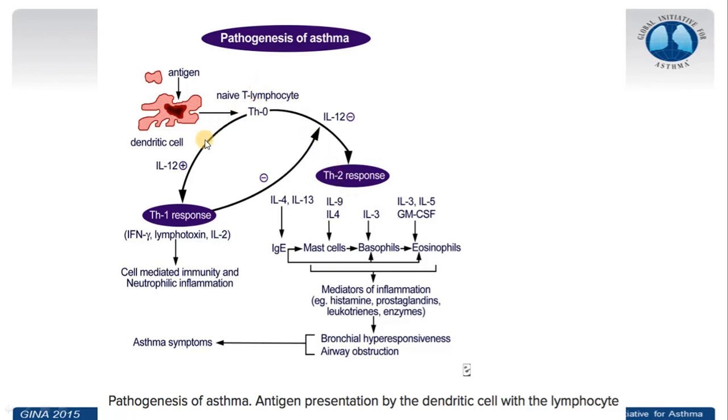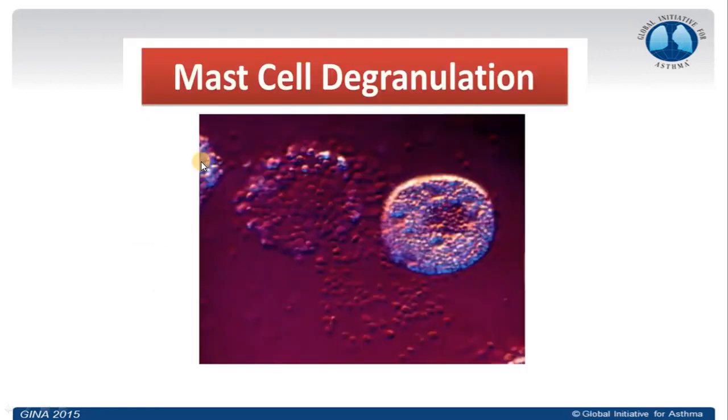But people in developing countries, with recurrent exposure to helminthic infection and a bad environment, will also have switching of Th0 or naive T helper cells to Th1, which is responsible for secretion or production of interferon gamma and lymphotoxin. And this is the hygiene theory of asthma pathophysiology.